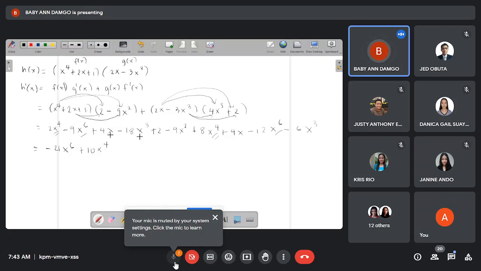Next, the x cubed: this is minus 24x cubed. Next, the x squared, which has no partner, is minus 9x squared. Next, 4x and 4x, so this is 8x. Okay? So, this is the final answer.